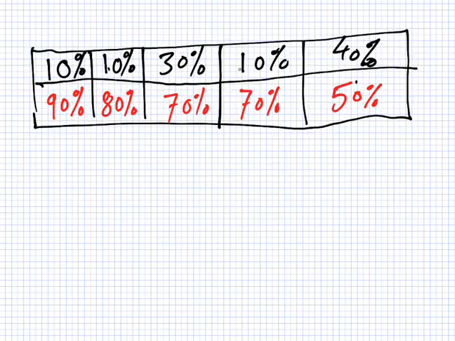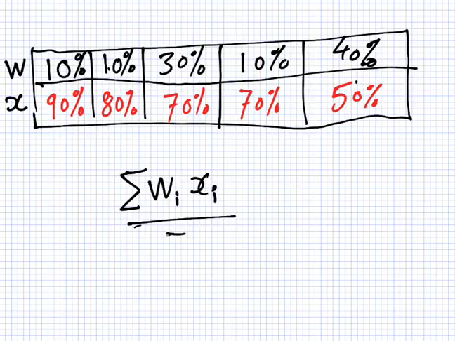So this is called a weighted average. What you do is, if this is the weight and this is the data, you multiply the weight by the data and divide by the total weight.